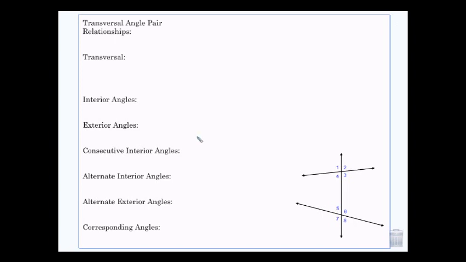Okay, a transversal is a line that intersects two other lines. So in this instance, this line is my transversal because it intersects these two lines.